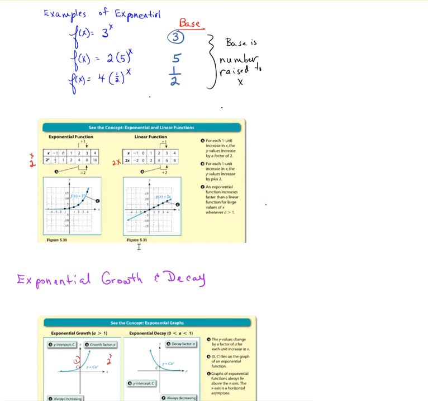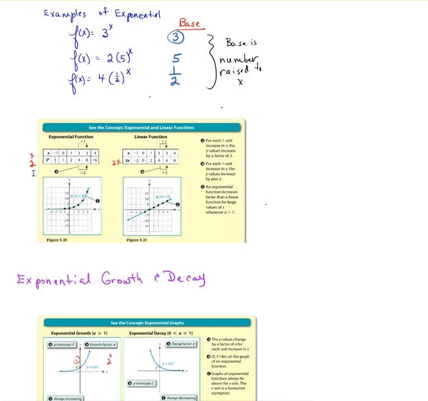All right, let's see the difference between an exponential and a linear function. This is 2 to the x. This is 2 times x. So 2 times x is a linear function. And as x gets bigger by 1, the 2x gets bigger by 2, the y part, and so you have that average rate of change.